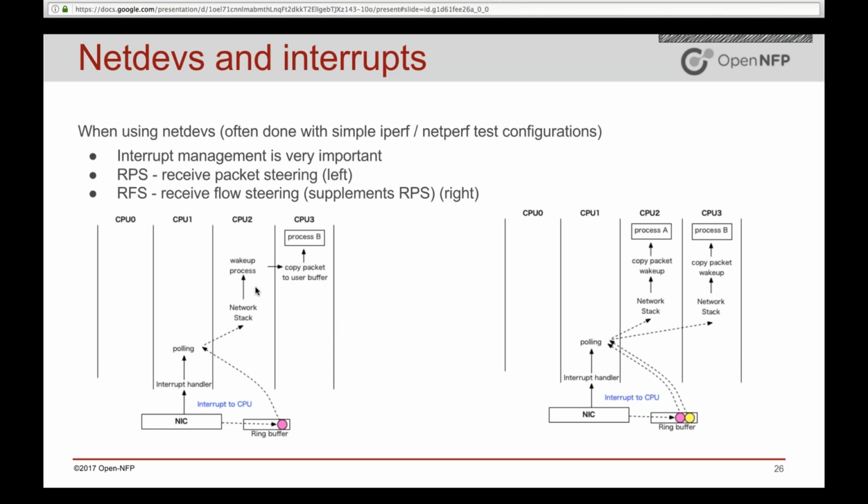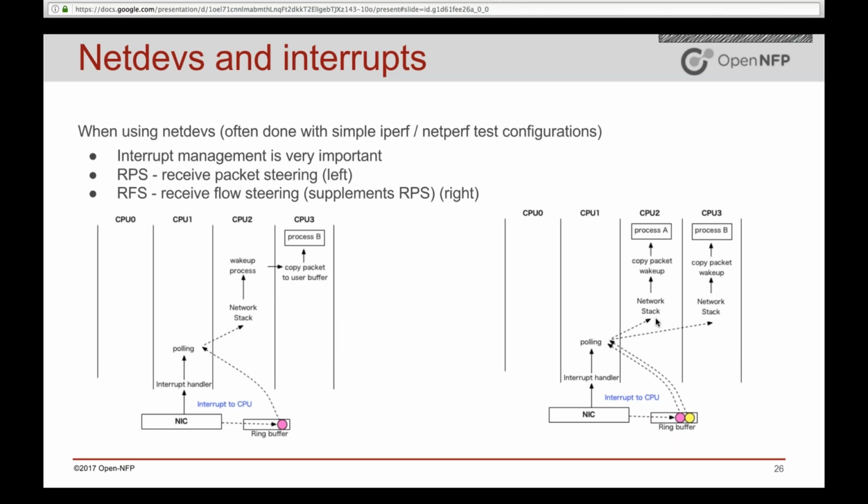You can supplement that further by enabling receive flow steering, which has the effect of trying to ensure that as much of the processing as Linux can control is done on a single CPU, the same CPU as the process that is eventually going to receive that packet.